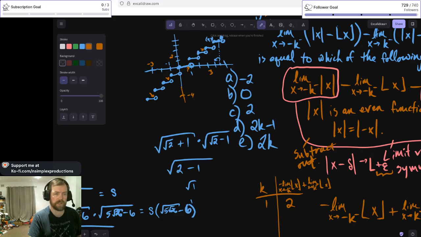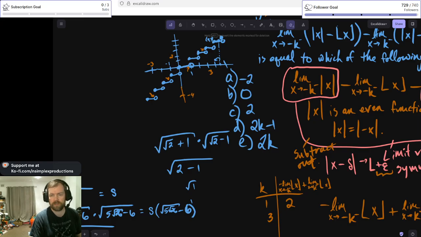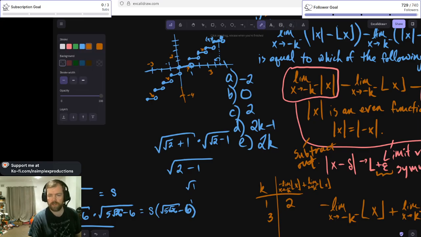So then we can test this hypothesis with the next one. At -3, okay, 3. Either way, right? Well, no. Okay, it has to be positive integer. We discussed that. k has to be a positive integer. So at 3, on the negative side, we get a -4, which becomes +4, plus this one's going to be 2.